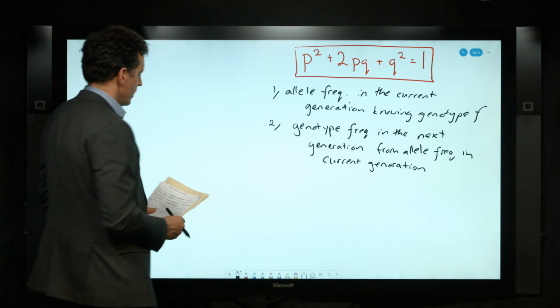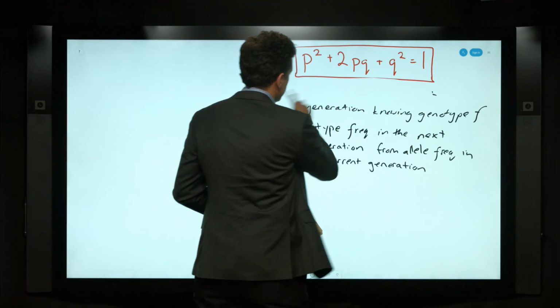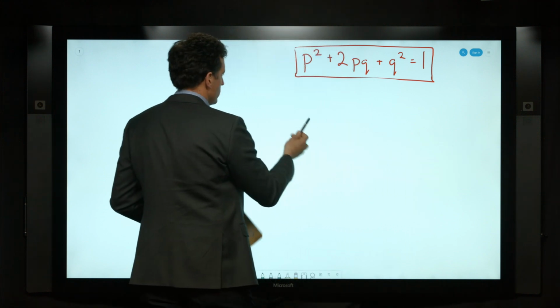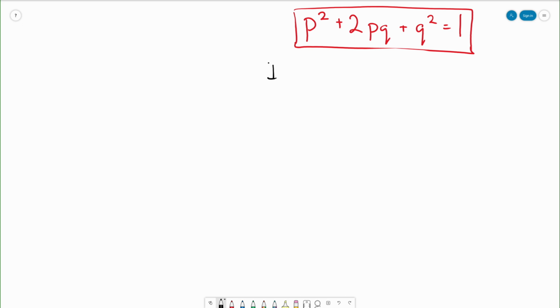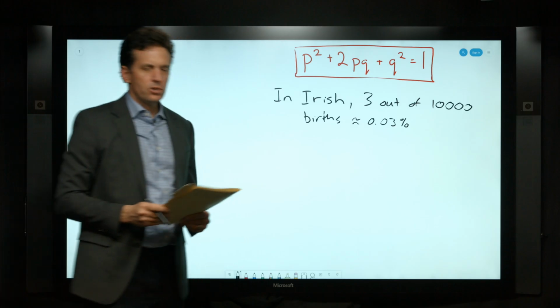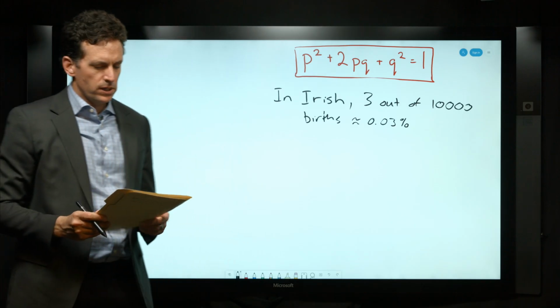The frequency of cystic fibrosis in the Irish population is 3 out of 10,000 births, okay? And so that is equal to a frequency of 0.03% of births where the child is affected with cystic fibrosis.